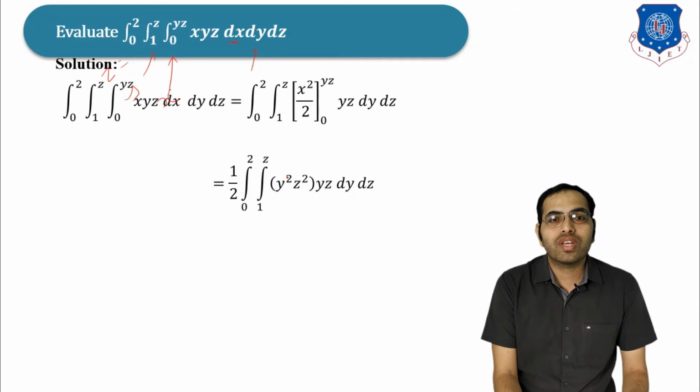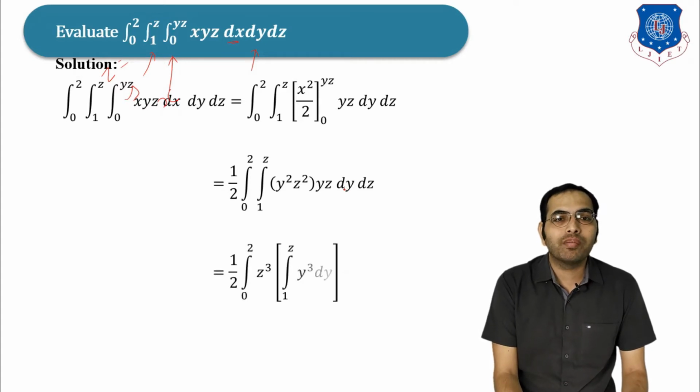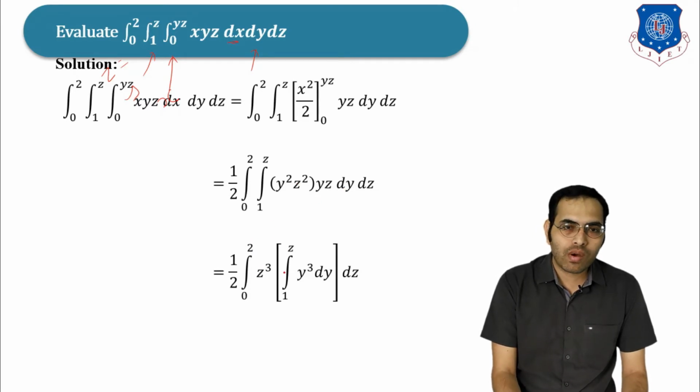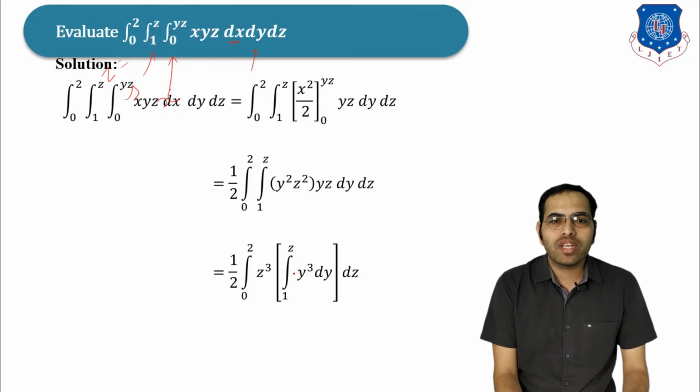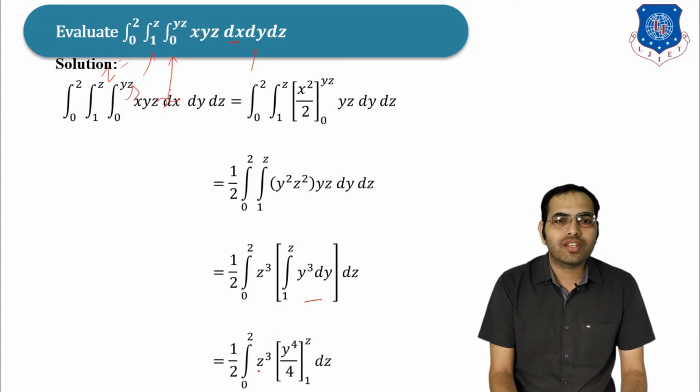Here y into z into y squared z squared will give you y cubed z cubed. Now with respect to y, that term will give you 1/2 integral 0 to 2, z cubed which is constant comes out, then integral 1 to z of y cubed dy into dz. Now integrating with respect to y gives y raised to 4 by 4, so we have 1/2 integral 0 to 2 of z cubed times y raised to 4 by 4, where y goes from 1 to z, dz.